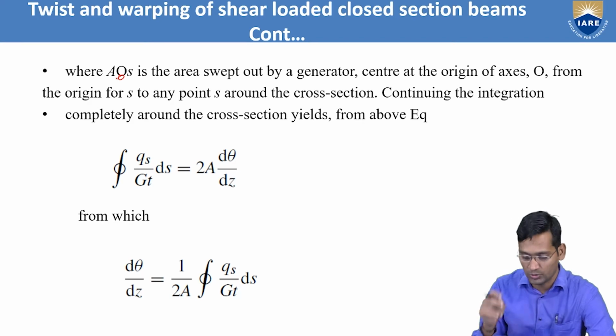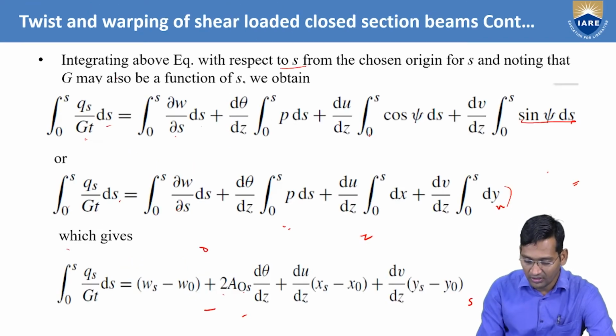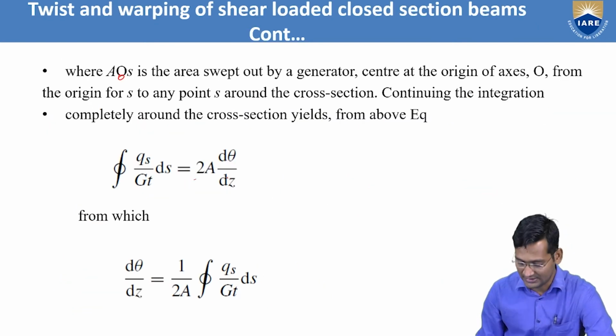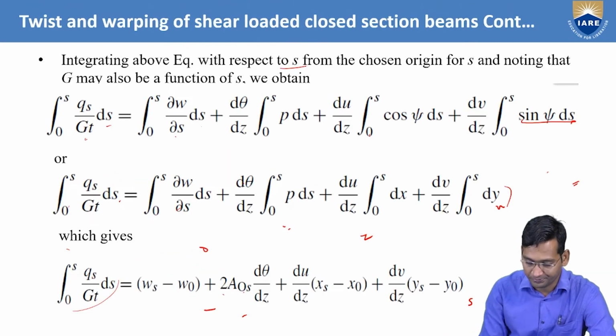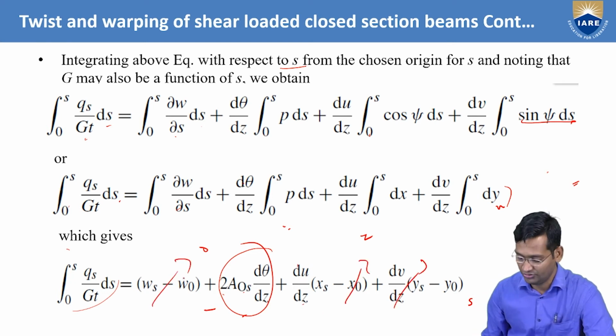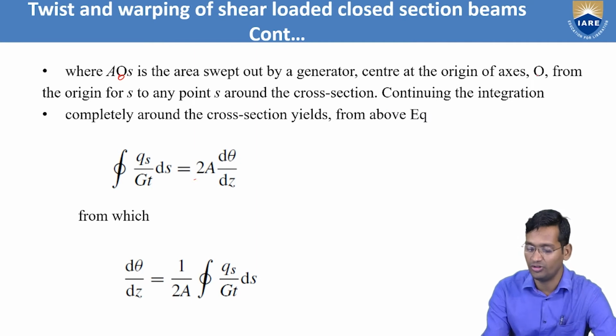From the above equation, this is equal to 2A d theta by dz. This term will be there, remaining all are constants, so that term vanishes and becomes 0. That's why there is the origin O.